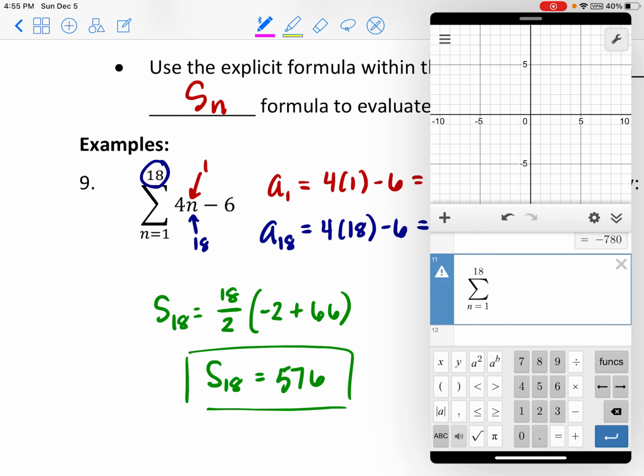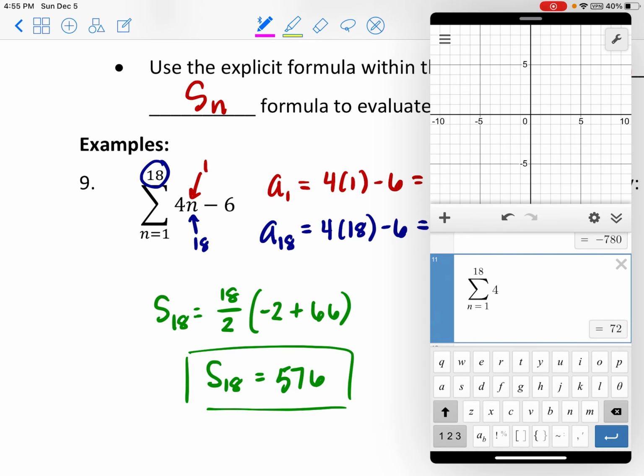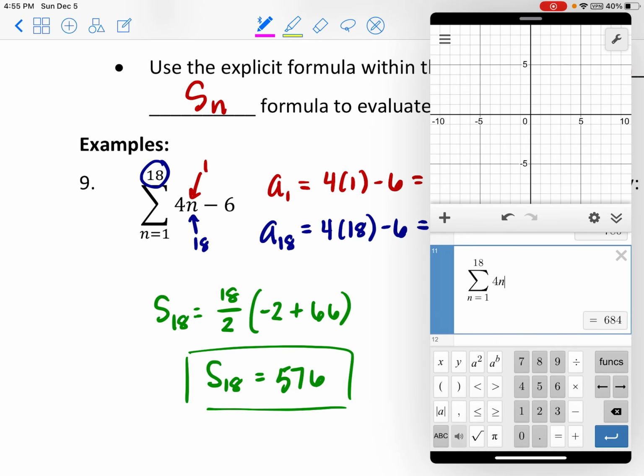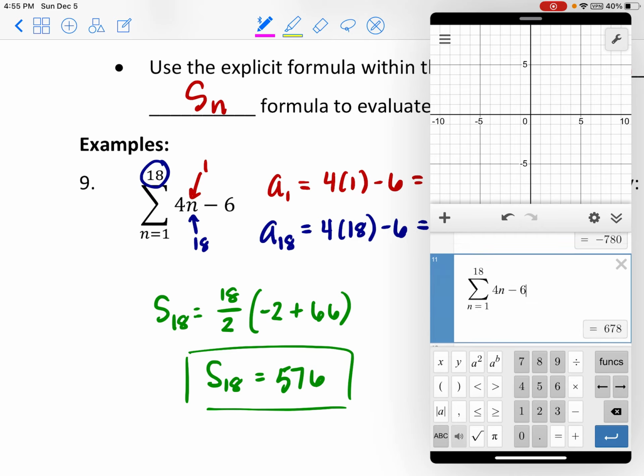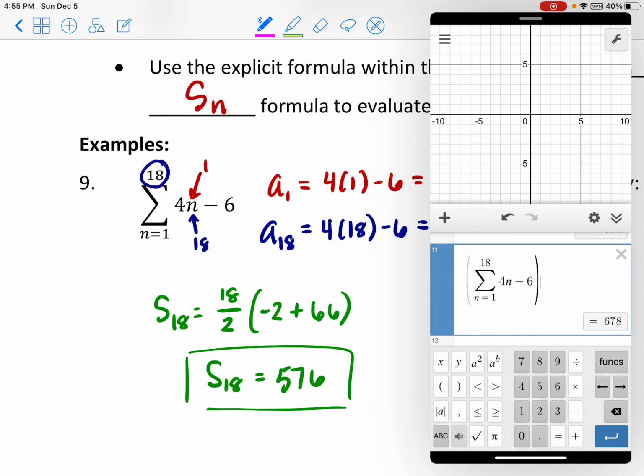And again, if I just put in 4n, and then if I put in the minus 6, it does not give me the same answer I had on my paper. That's because it wants parentheses. There. And now we got our same answer. So make sure if you're going to use Desmos that you use parentheses around your explicit formula.